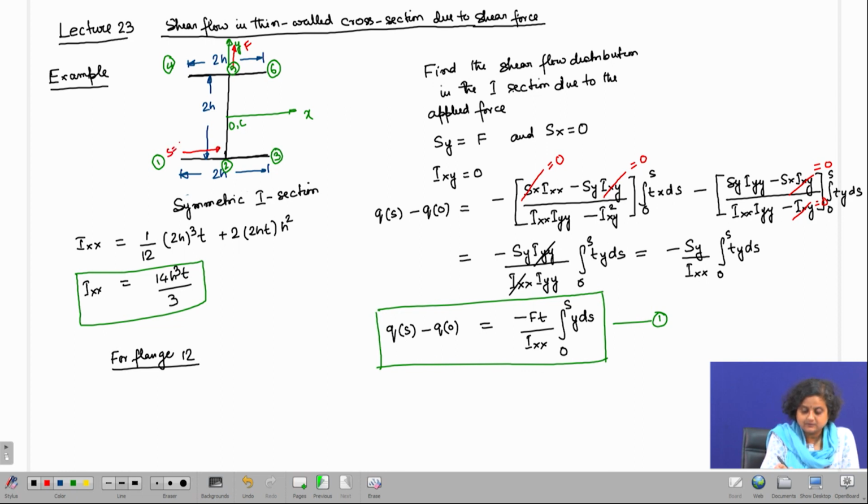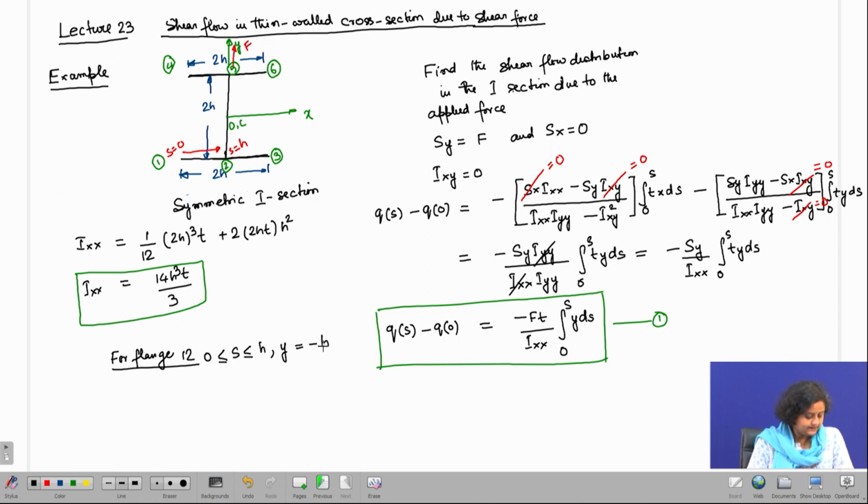Here I have s equals to 0 and here s is equal to, sorry, it is not h by 2, it is going to be h. So, s is between 0 and h. I do not need to express x in terms of s because it does not appear in equation 1. Instead, I have to just express y in terms of s and y in this case is just minus h.